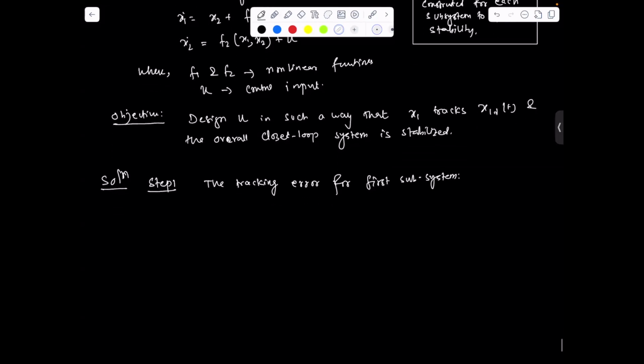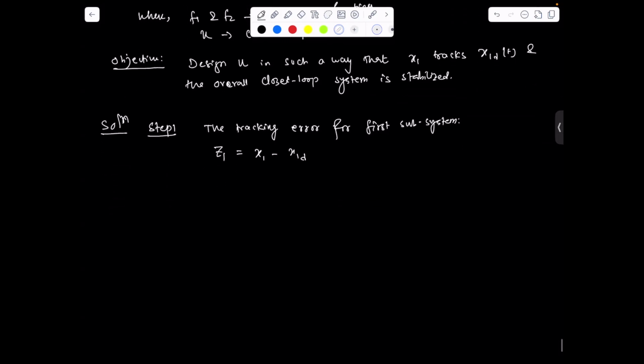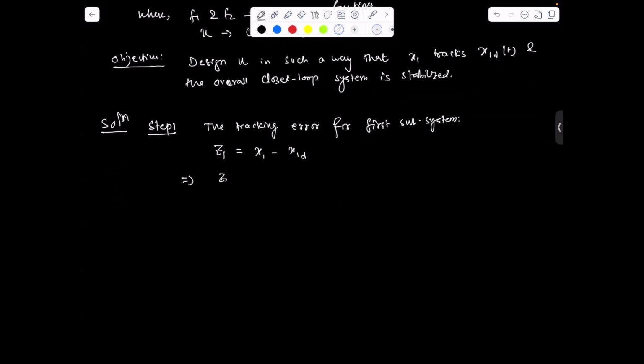Let us define the tracking error G1 equal to X1 minus X1D. So this is the error variable for the X1 subsystem. And the dynamics, we can write G1 dot equal to X1 dot minus X1D dot.